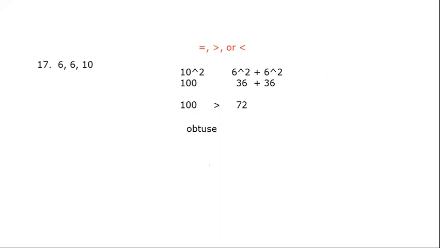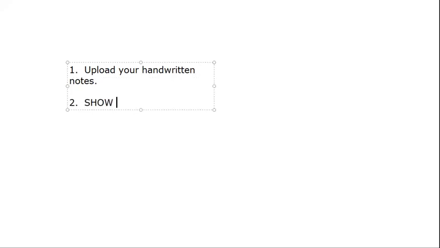This is 1 through 30. Remember, as always, your first step is you're going to upload a picture of your handwritten notes from this video. You're going to show all work on a piece of paper from your worksheet. You don't need to print it. Do not print it and circle answers.